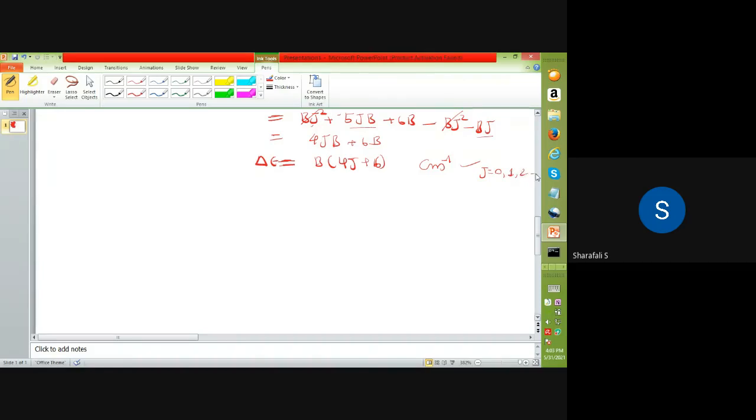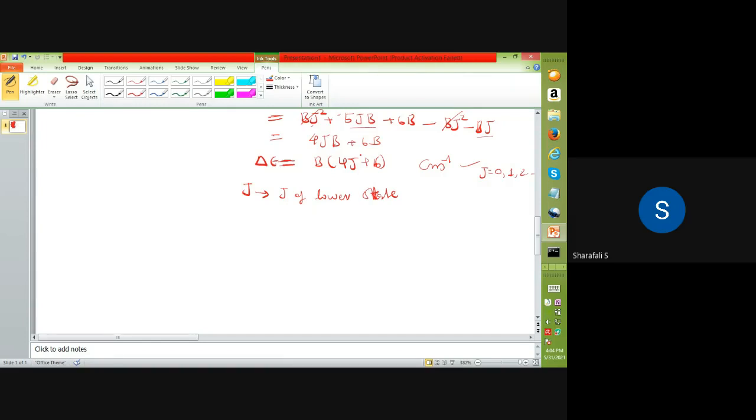Here one more thing is j can take values 0, 1, 2, 3, etc. These are the values, and also remember very carefully that this j value is the j of the lower level or lower state. Remember that, because when you get a problem from this section, they will give you the transition, for example, transition from 2 to 0 level.